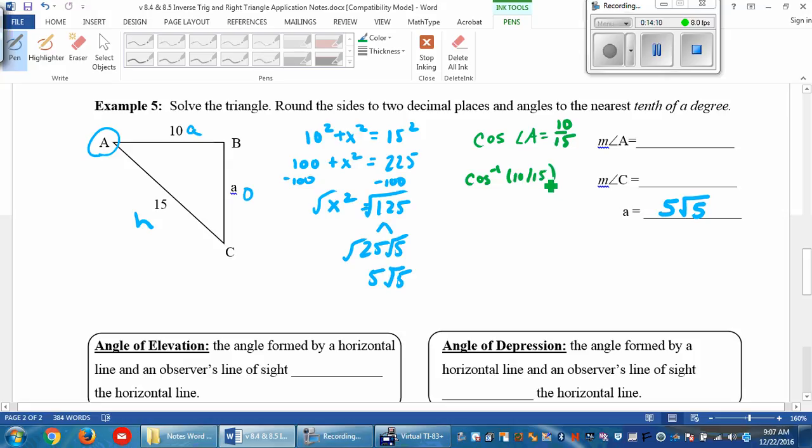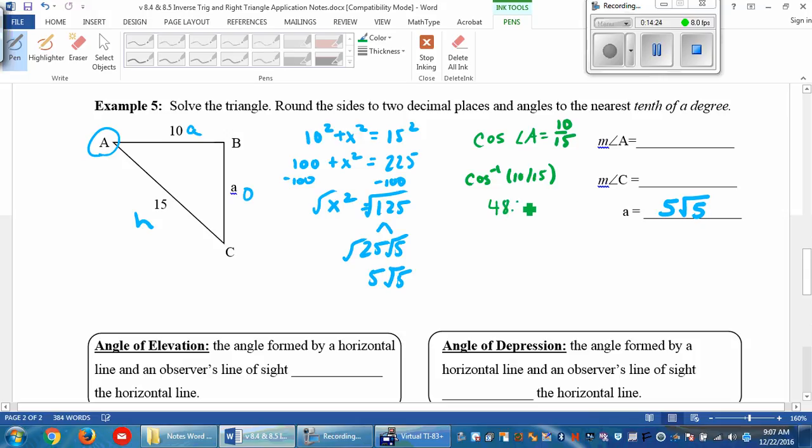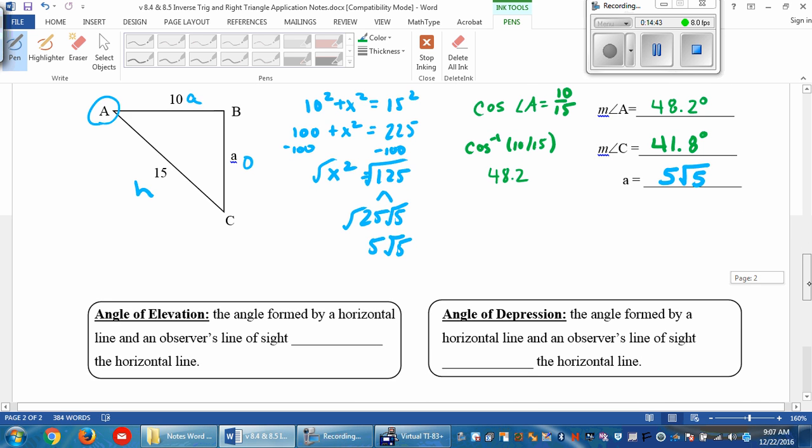If you do inverse cosine, 10 divided by 15, close the parentheses, you should see 48.2. Then take your 180 minus 90 minus 48.2, and you're left over with 41.8 degrees for the other angle. Okay?